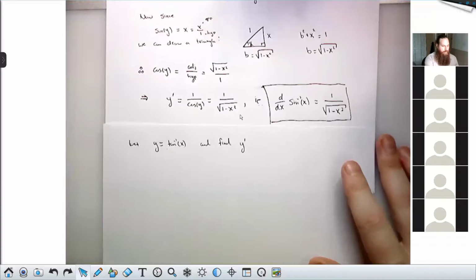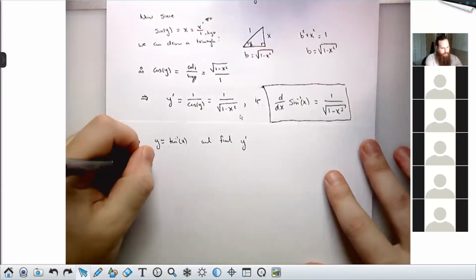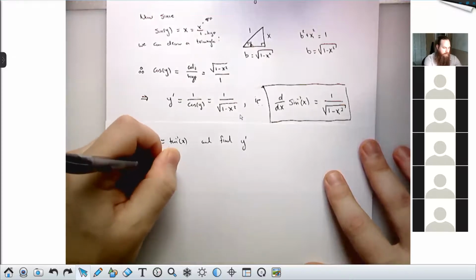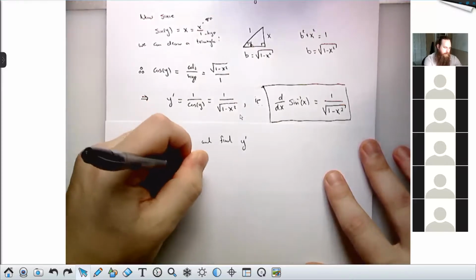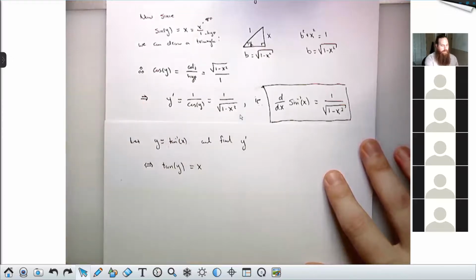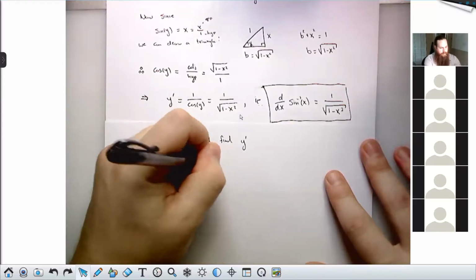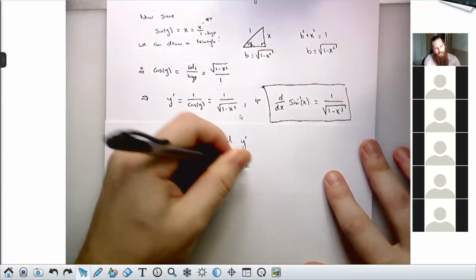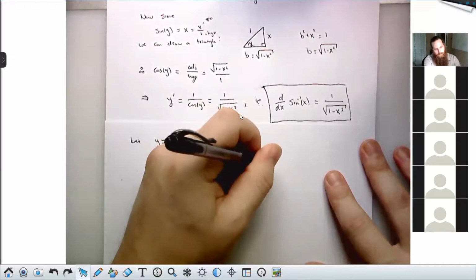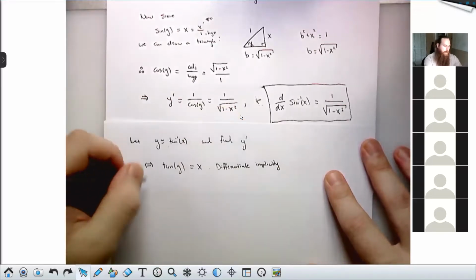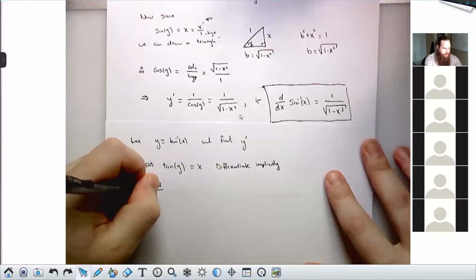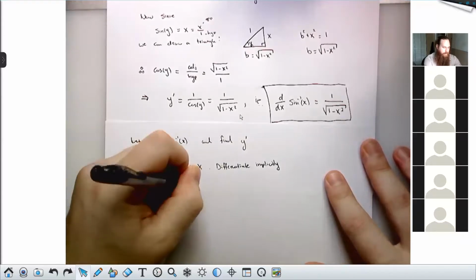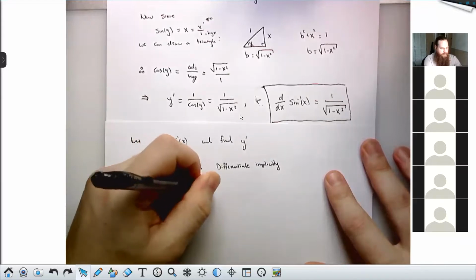I'll begin the same sort of way. I'll say y is equal to the inverse tangent of x means that the tangent of y is equal to x, and then I'll differentiate implicitly. d/dx of tan y equals d/dx of x.